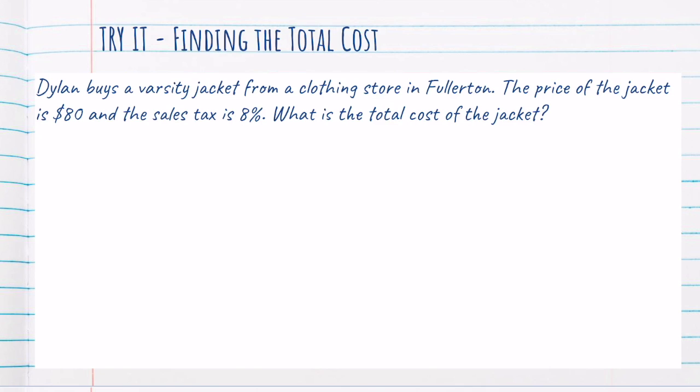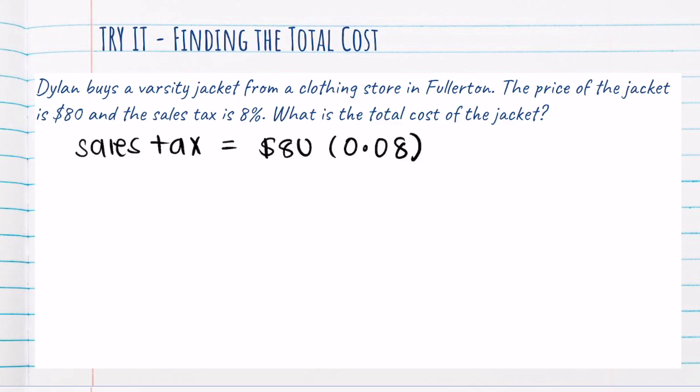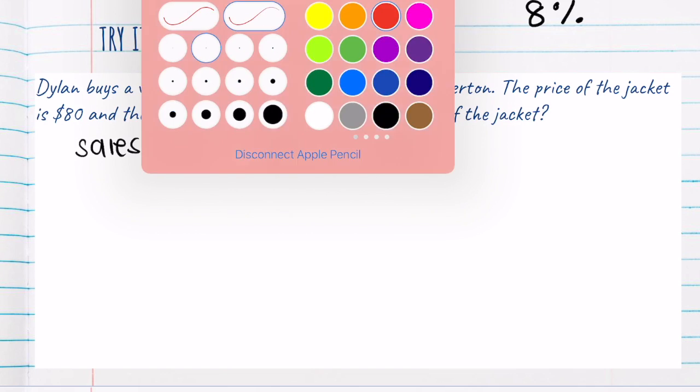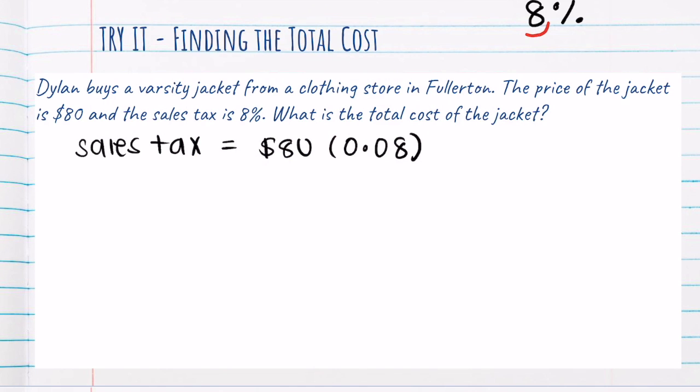So welcome back. How do you find the cost of the sales tax? The idea is very similar to markup. We're going to use the original cost, which is $80, and we're going to multiply by the sales tax, which is 0.08. So some of you ask, how did you get 0.08? We got it because when we work with percent, to change it to a decimal, we move it 2 place values to the left, and that becomes 0.08.